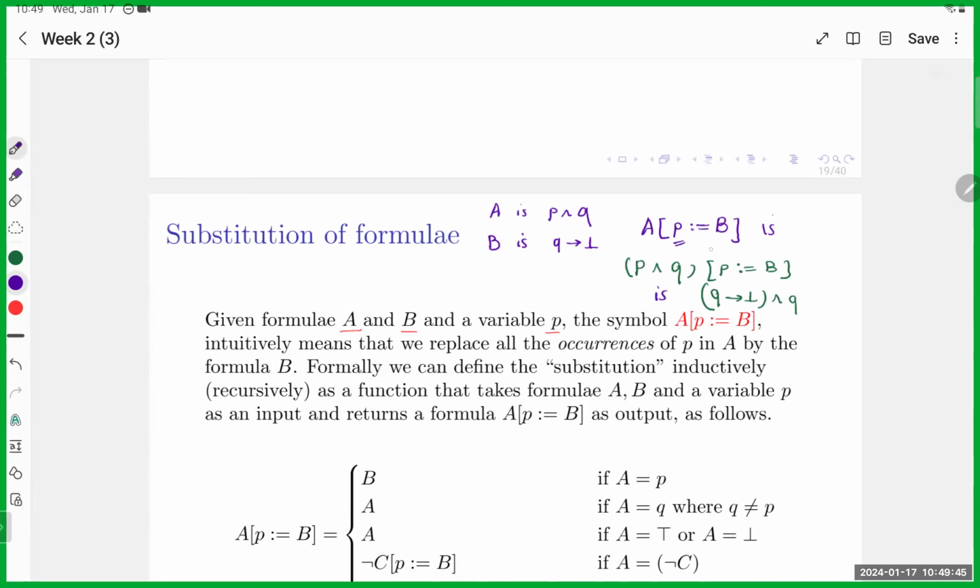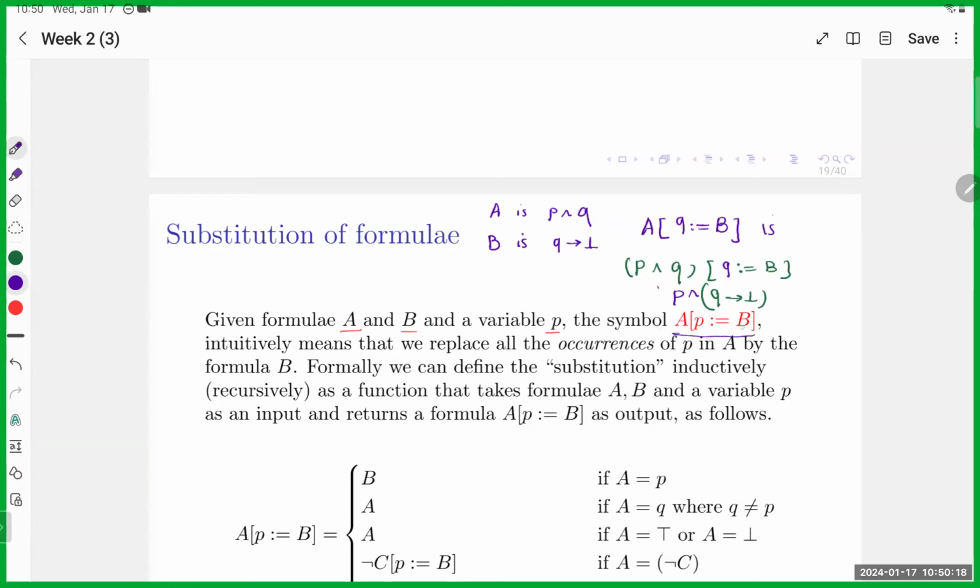If I replace this with Q, then you don't substitute P, you substitute Q. What do you mean it shouldn't matter?